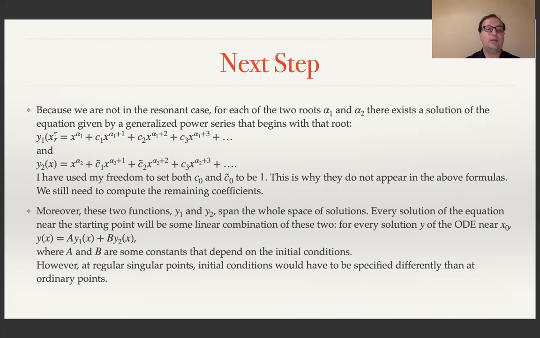And after we find these two solutions, every solution of the equation can be expressed as a linear combination of these two solutions. So every solution of the equation is equal to some constant times the first solution plus some other constant times the second solution. We'll compute these two solutions next time, by which I mean we'll compute some of the coefficients in the generalized power series, C1, C2, C3, etc.